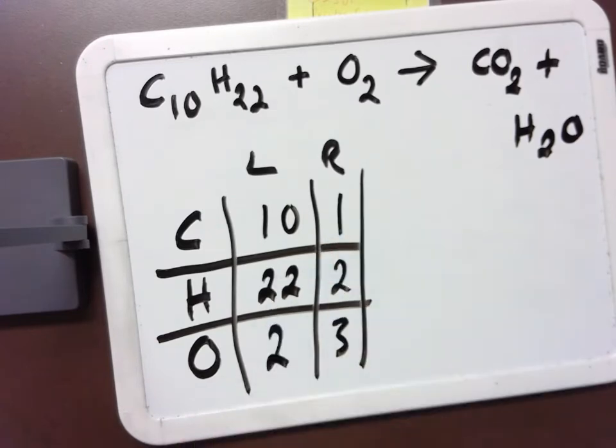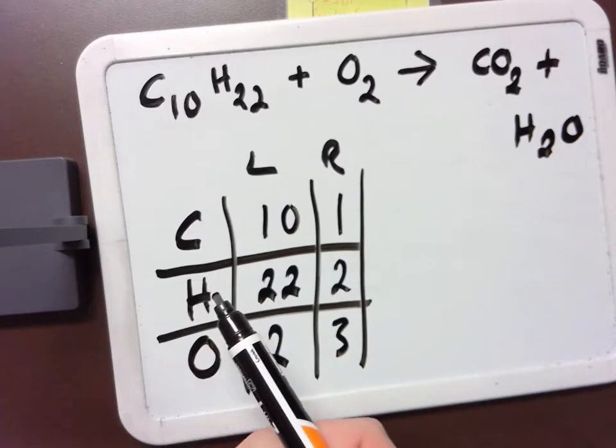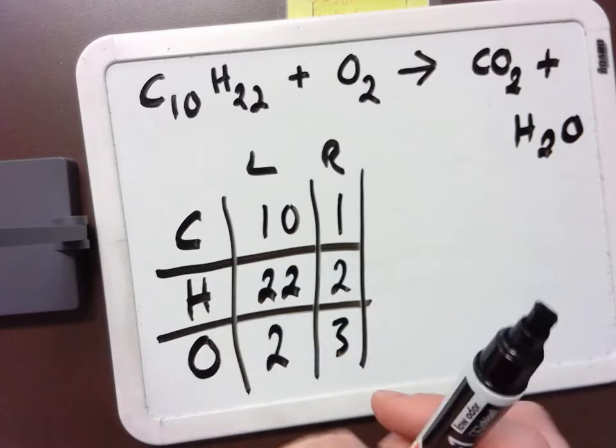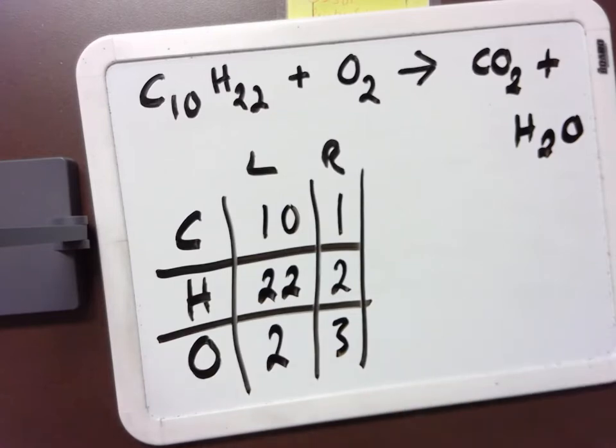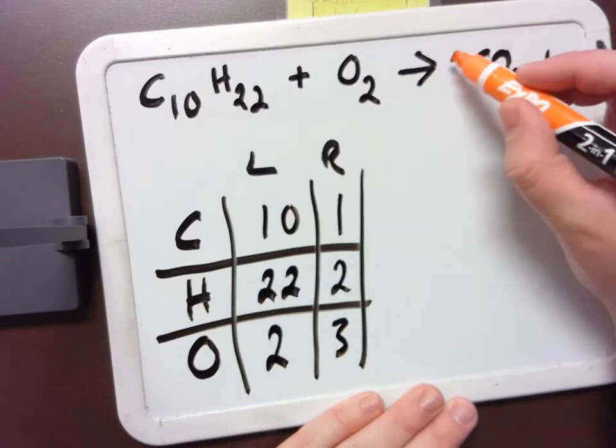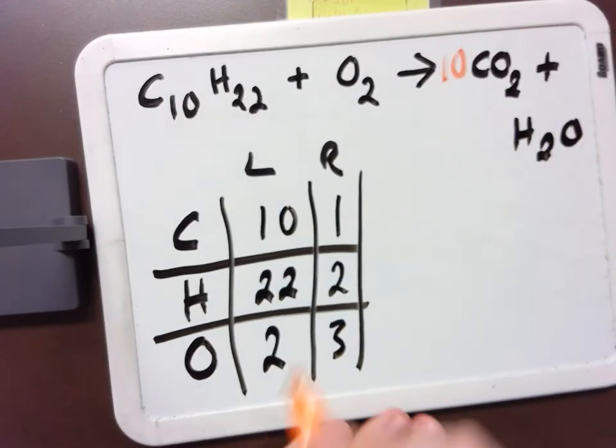So we have to come up with a way to get this to balance. Remember, do not start with H or O if you don't have to. So we're going to start with C. And the best way to do that is we're going to take this C and multiply it by 10. So now we can take this away.